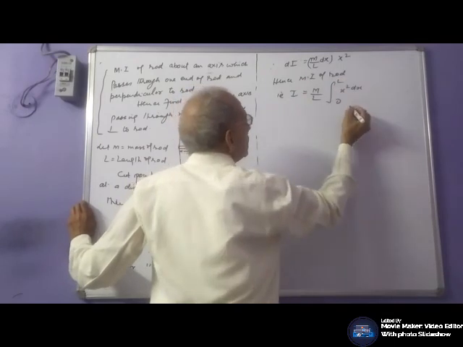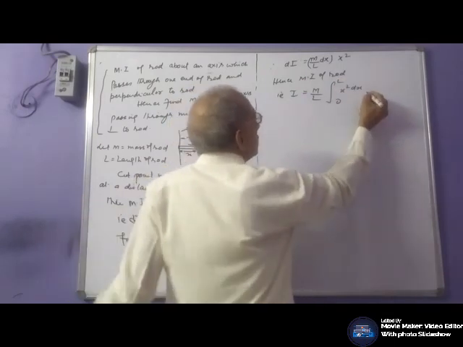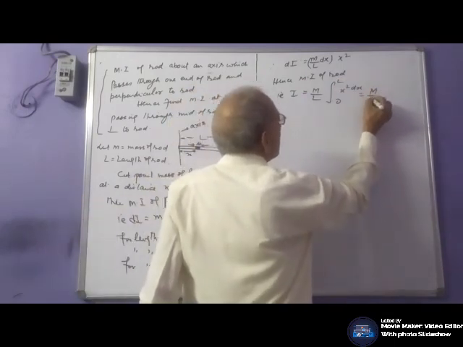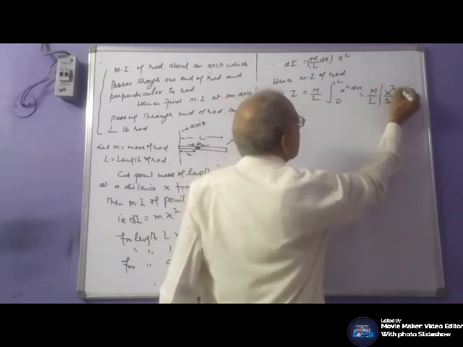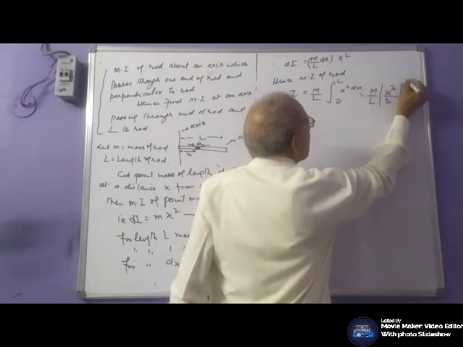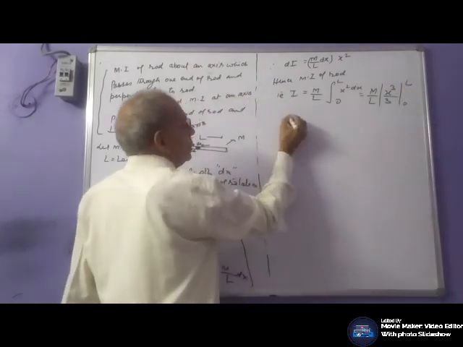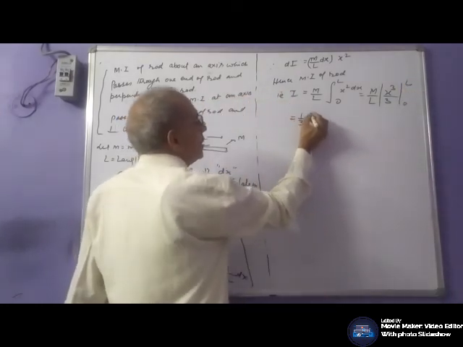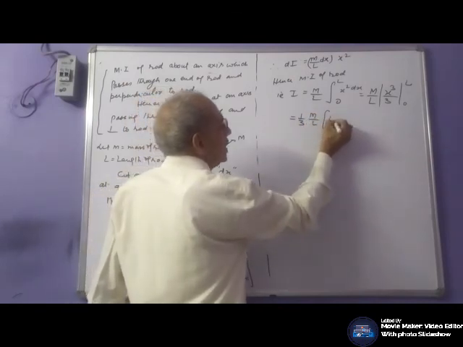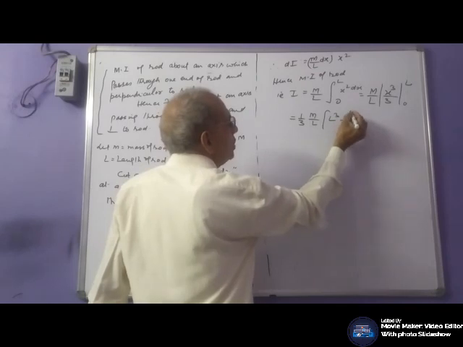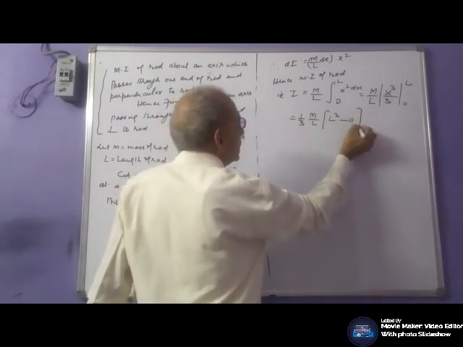It is M by L, x cube: add 1 to power, divide by same power. It is 1 by 3 M by L. Value of x is L, cube is there, minus value of x is 0, cube is there.